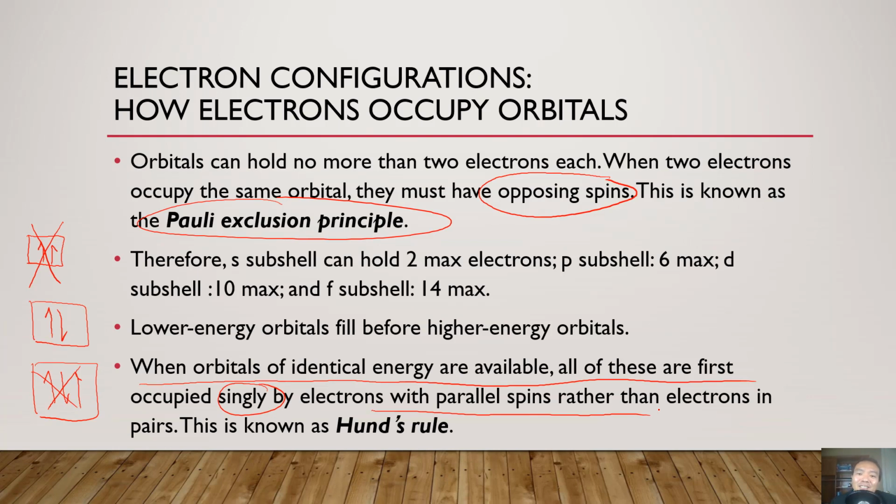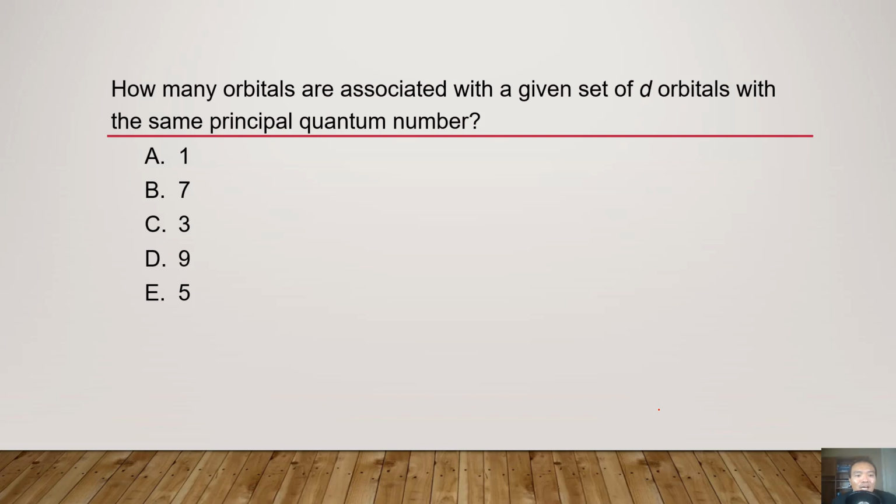But before we do that, let's have a look at a few questions to solidify what we have just learned. How many orbitals are associated with the given set of d orbitals? Okay, what do you mean by a given set of d orbitals? D orbitals are in the d subshell.